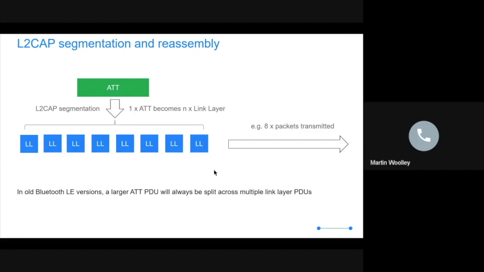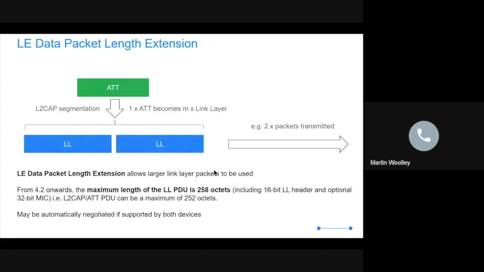Now, the issue here, of course, is that more packets means more fixed overhead from protocol data, and that reduces our bandwidth. So once again, what we'd really like is to see fewer link layer packets so we get a higher proportion of our bandwidth available for our application data. Now, luckily, Bluetooth 4.2, I'll talk to you about versions later on, introduced something called the LE Data Packet Length Extension, which is a capability that allows link layer packets to be significantly larger if both devices support it.